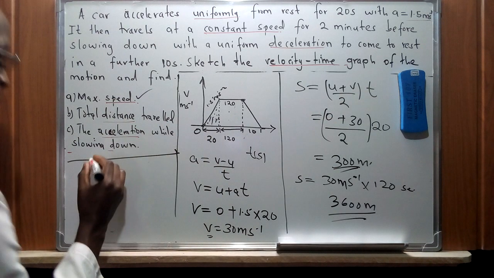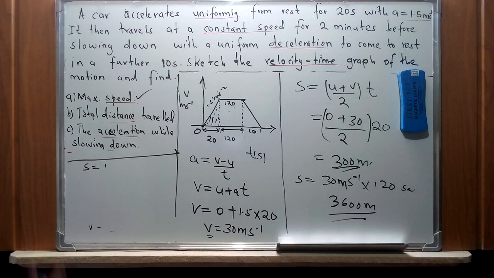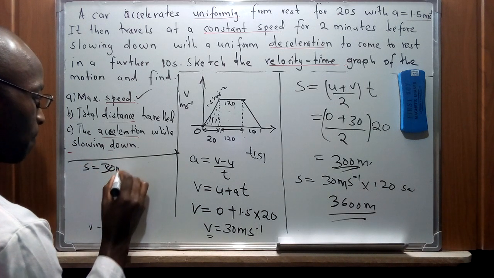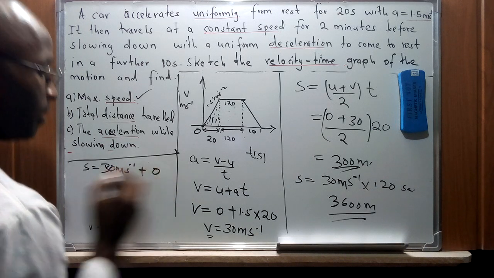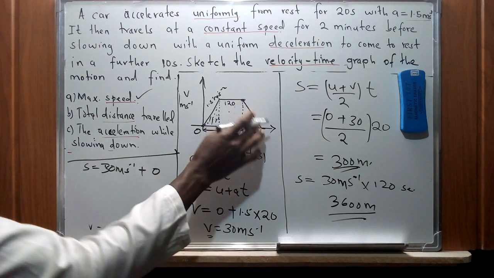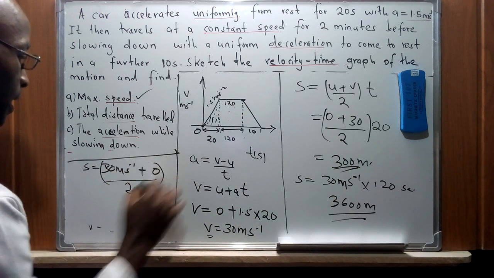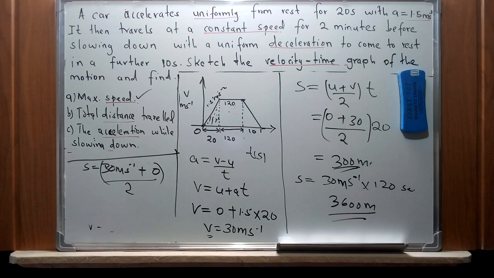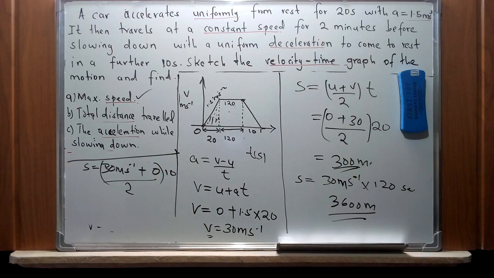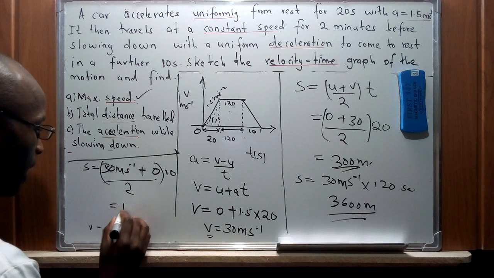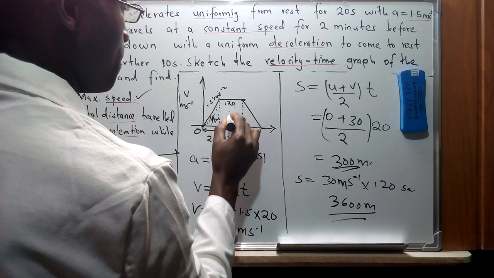So I just use that equation and say S equals initial velocity, that was 30 meters per second, plus final velocity, it came to rest, that is 0, divided by 2, times the time it took. It took 10 seconds to come to rest. So the total distance traveled in that case would be 150 meters.